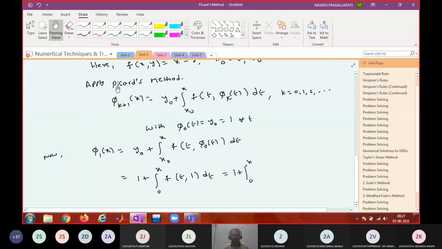That you substitute, so t square minus 1 dt. Now integrate and substitute. So this is 1 plus t cube by 3 minus t from 0 to x. So this is 1 minus x plus x cube by 3. Lower limit is going to be 0. Is it fine?